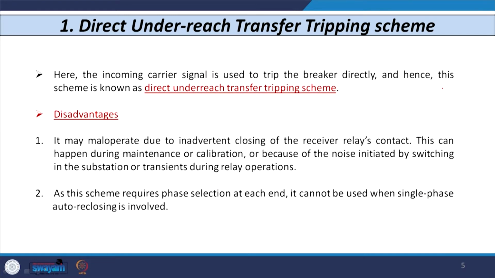This scheme has certain disadvantages. Let us see. When we use the direct underreach transfer trip scheme, it may maloperate due to inadvertent closing of the receiver relay contact, that is RR11 or RR21, on each side.